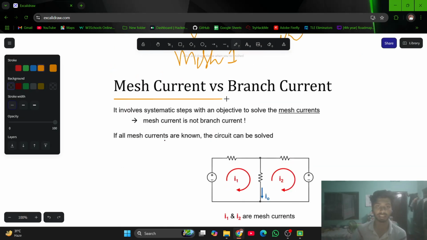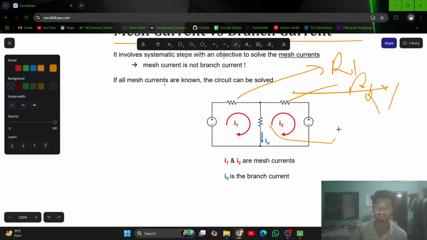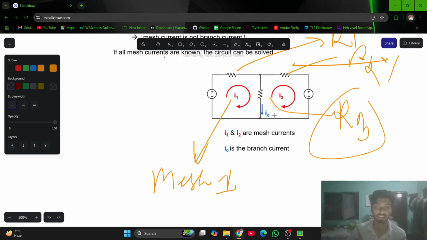What is mesh current and what is branch current? Suppose we have three elements: R1, R2, and R3. Suppose this is mesh 1 and this is mesh 2.